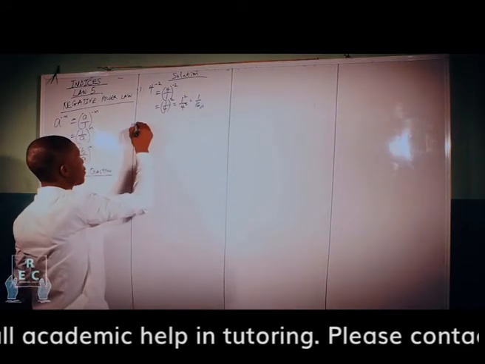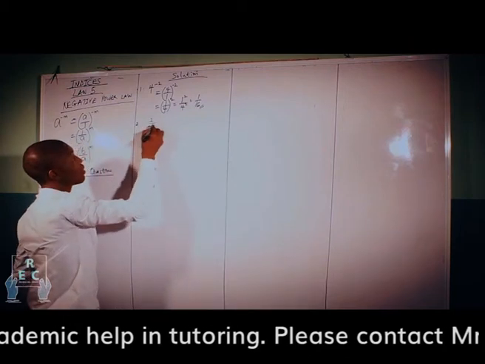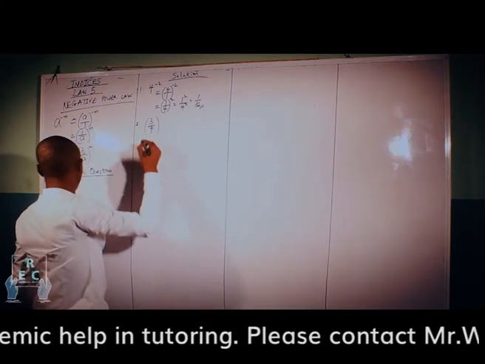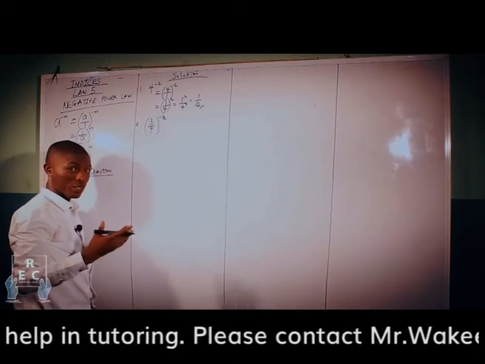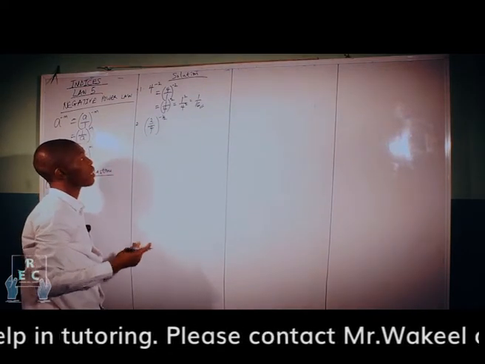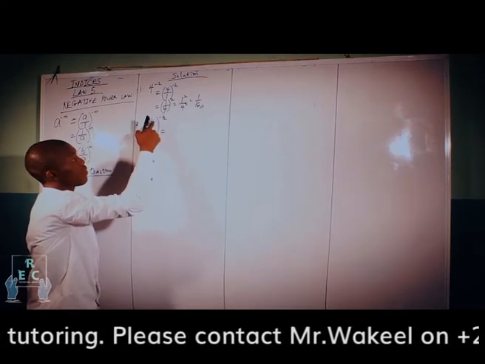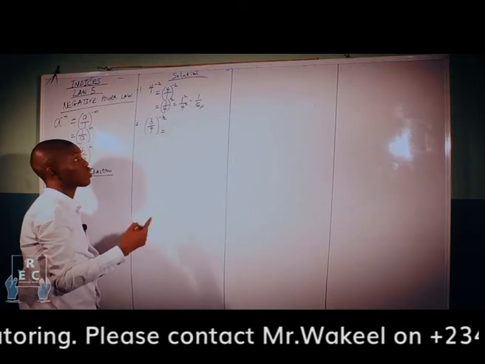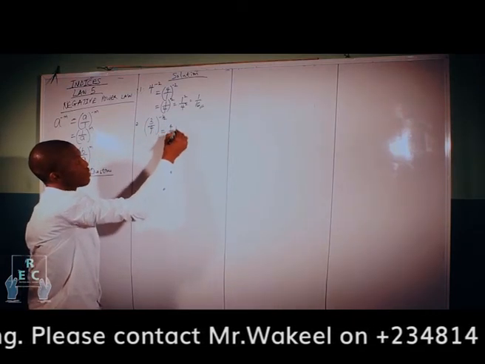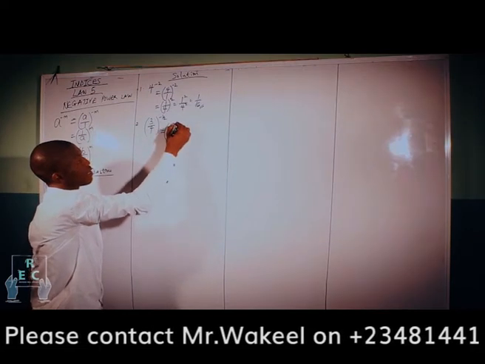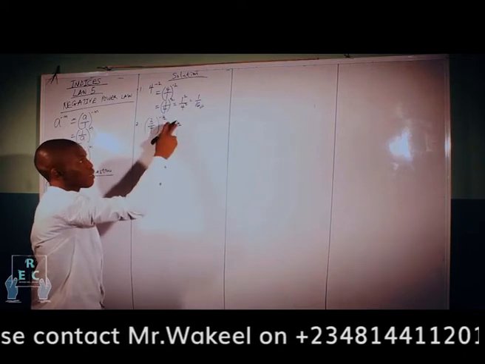Let's take the second question: 3 over 4 in brackets raised to the power of minus 1 over 2. Here we go again, using the negative power law. First thing first, the reciprocal of 3 over 4: the numerator becomes the denominator, and that's why we have 4 over 3, raised to the power of 1 over 2. You cannot put minus here again.